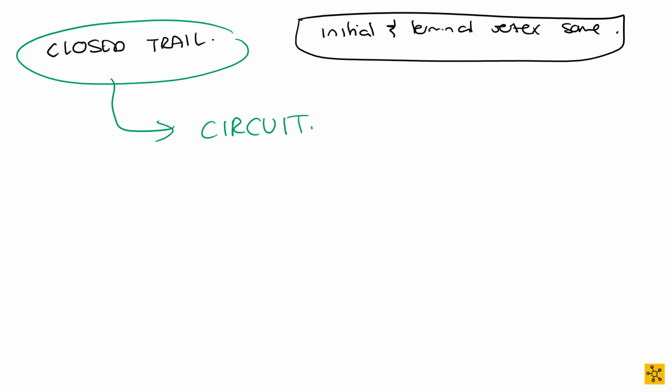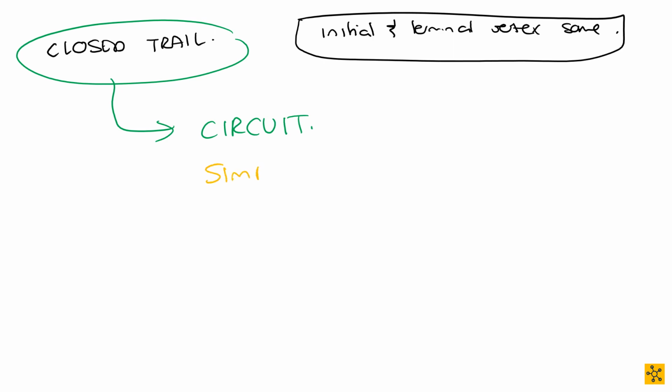Okay, so a circuit is a closed trail. What does that mean? It is a walk in which there are no repeating edges where the initial and the terminal vertex of the walk are the same. So a circuit is just a closed trail, and you know what the definition of a trail is, so you know the whole definition of a circuit. But there is a way where you talk about a simple circuit.